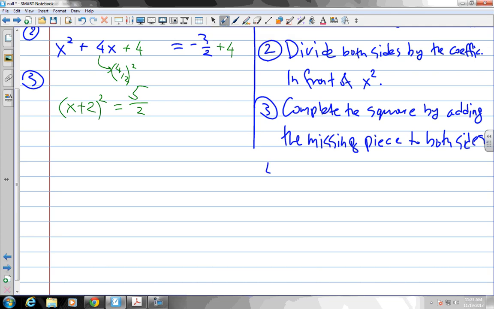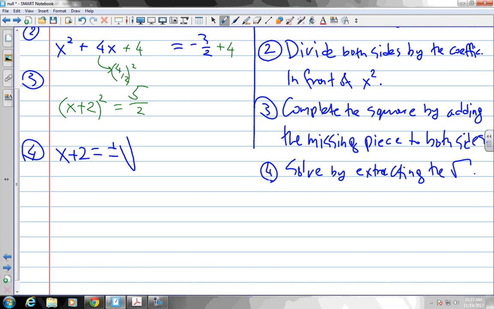Now solve. So solve this equation by extracting the square root. This gives me x plus 2 equals plus or minus the square root of 5 halves, right?